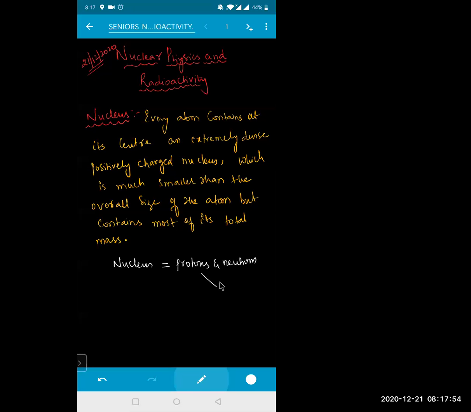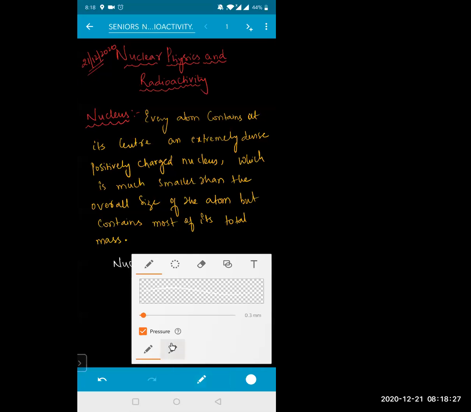Protons and neutrons are collectively known as nucleons. Nucleons means either a proton or a neutron.